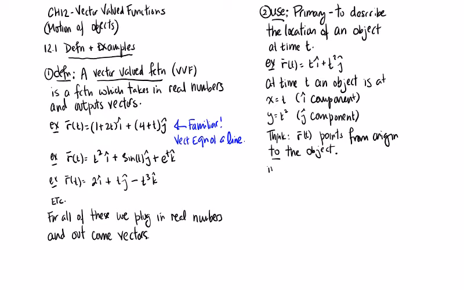So for example, in this example, if we were to plug in a couple of t values, say r of 1 is 1i plus 1j, r of 2 is 2i plus 4j, I'll just do these two points. You can think of it one of two ways.